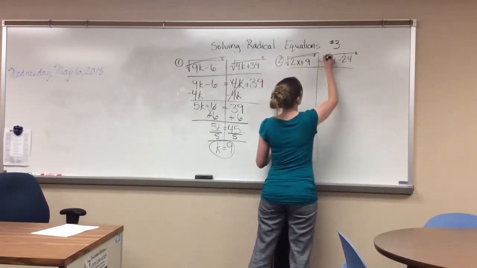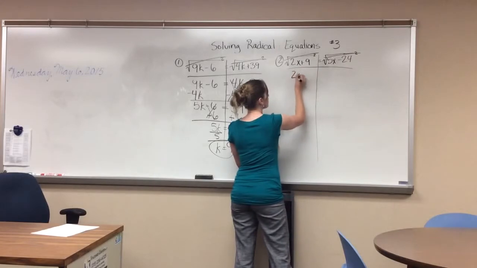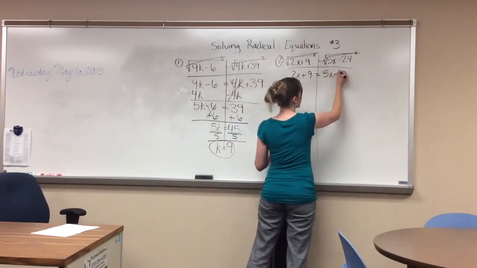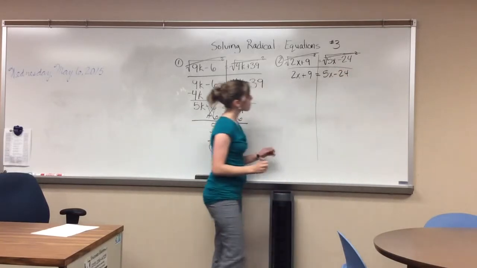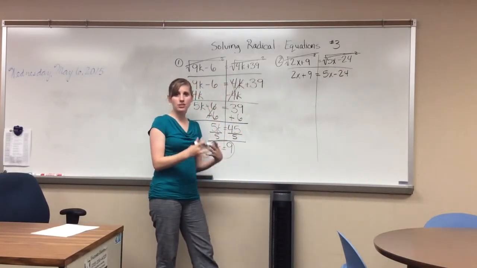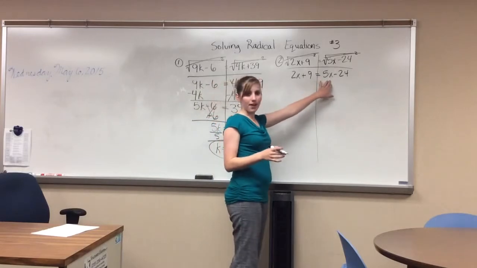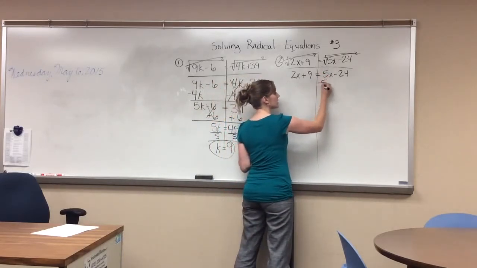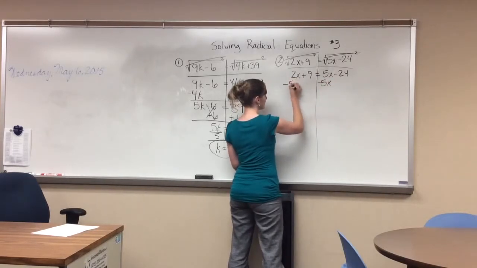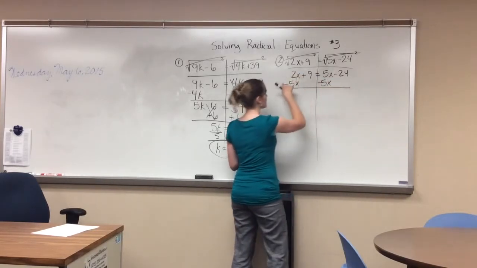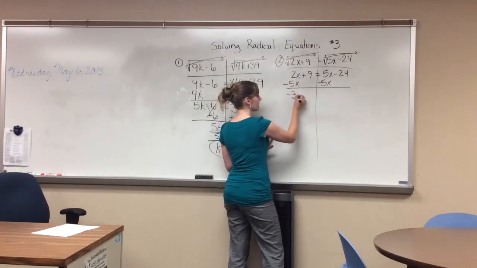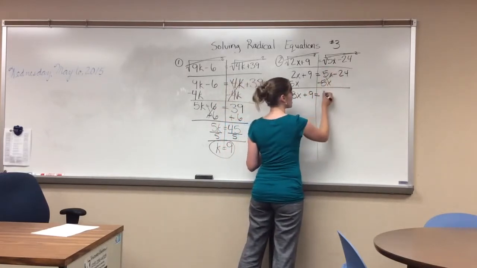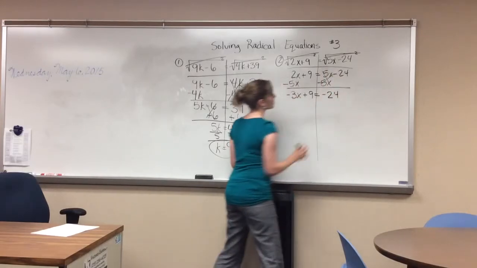The square roots and the squares cancel, so I'm left with 2x plus 9 equals 5x minus 24. I need to get my letters together, so I'm going to cancel out the 5x and move my letters to the left. The opposite of 5x is negative 5x. 2x minus 5x is negative 3x plus 9 equals, these cancel, and we have negative 24 that we bring down.